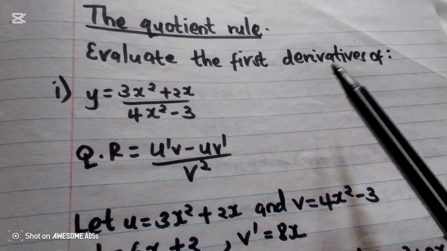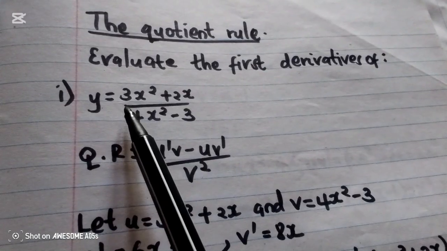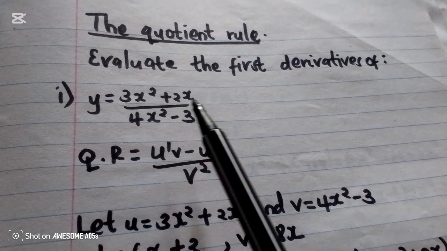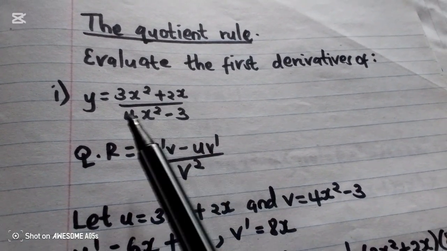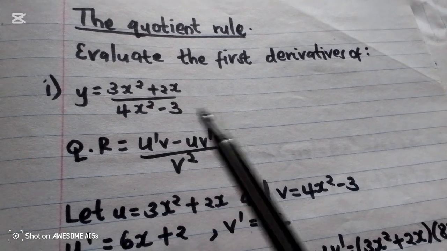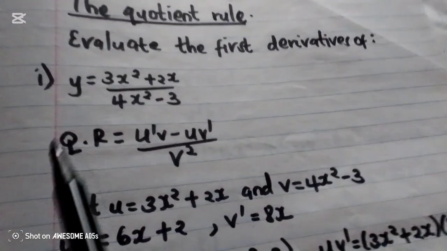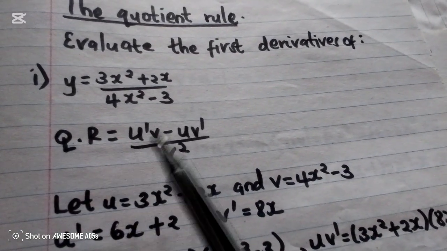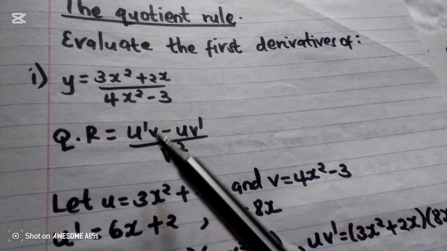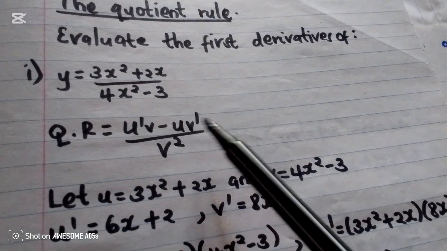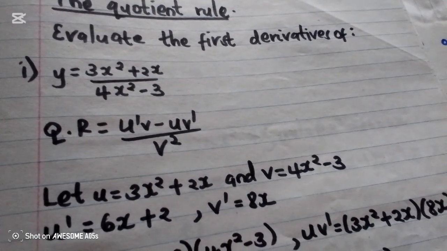Evaluate the first derivative of y equals 3x squared plus 2x over 4x squared minus 3. The formula for the quotient rule is u prime v minus u v prime over v squared.